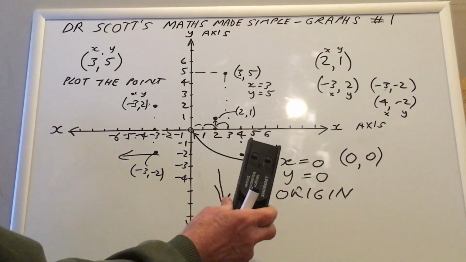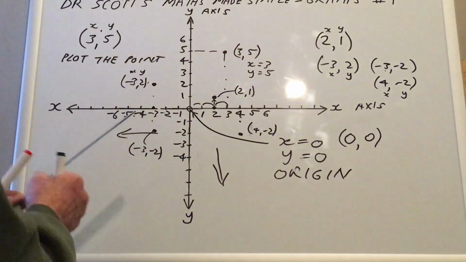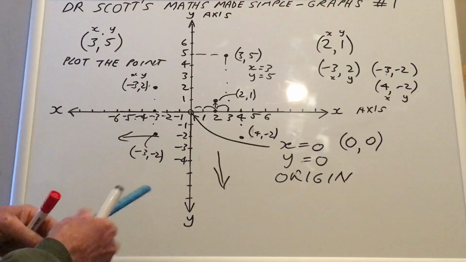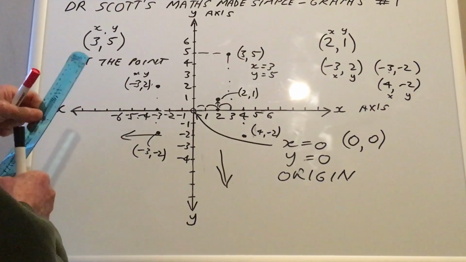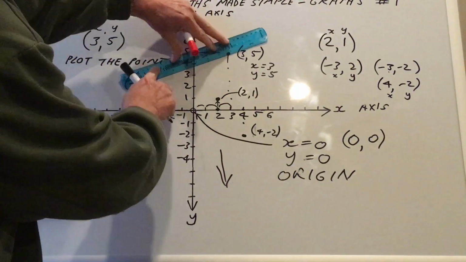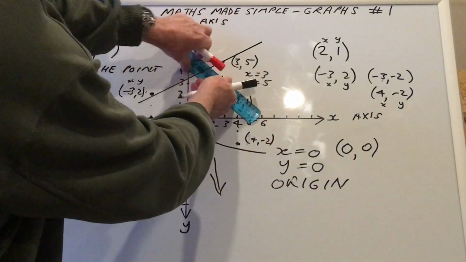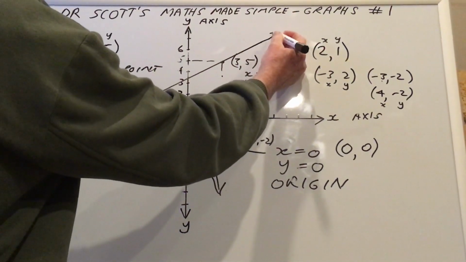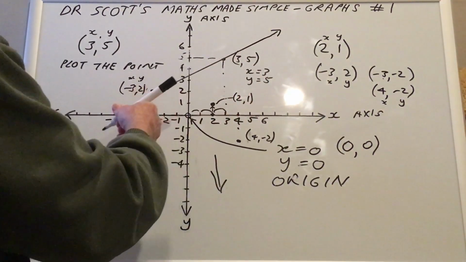Now that's all I want to do today. I'm just going to do one more thing, and that is sometimes on a graph, and we'll talk about this in another tutorial, sometimes you have a line on a graph. Let's just draw a line. Doesn't matter where it goes. If the line is going up to the right, it's a positive slope.